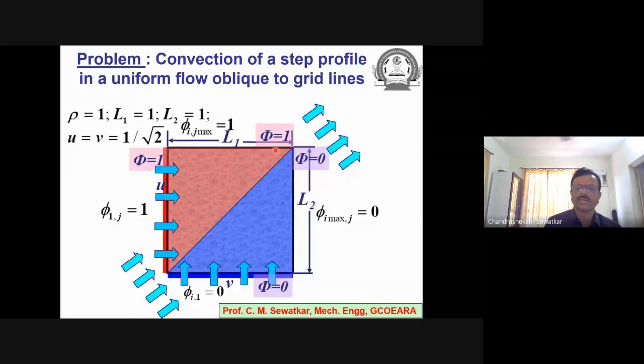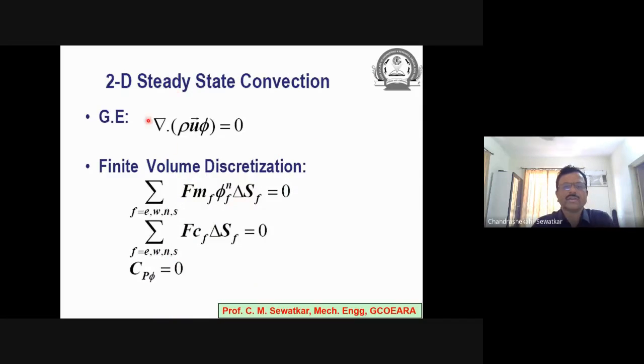How will it be convected? How will the distribution look like? That's what we want to understand. So our objective is to find out the variation of phi as a function of x and y. So governing equation, if it is a 2D steady state convection, is divergence of rho u vector phi is equal to 0.